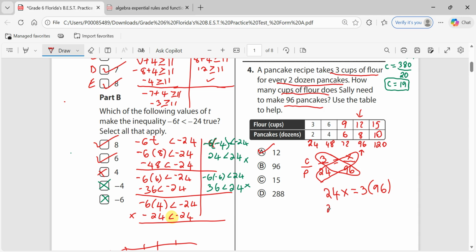Hold on, I'm going to pull up mine too. 288. Then you divide both sides by 24, and x is equal to 12. There are other different ways, depending on how you look at it. You can find it, but this is what we're working with.